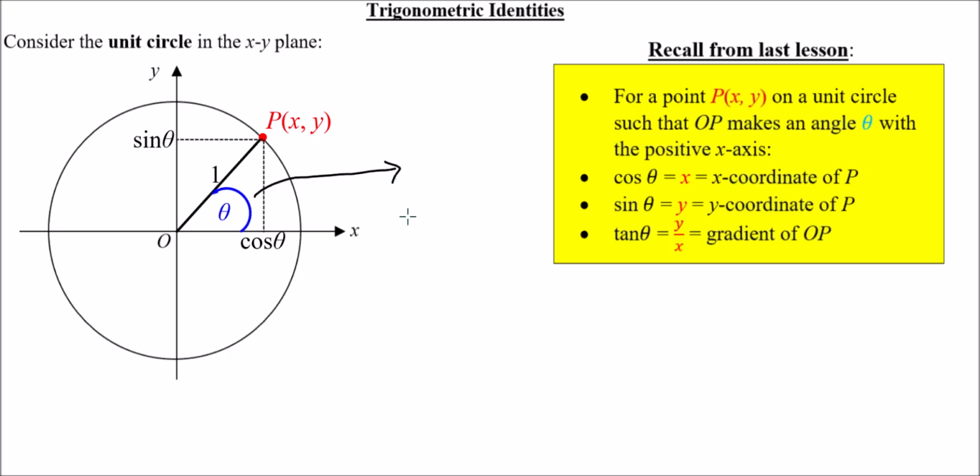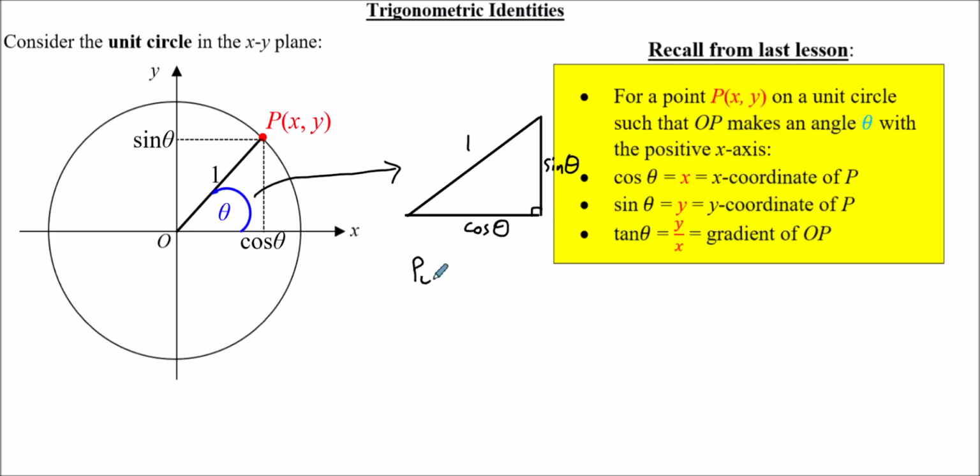Labelling on a few important things, we've got here that the y-coordinate, the height, if you like, is sinθ. This is cosθ. And this is a unit radius, which is 1, and it's a right-angled triangle.